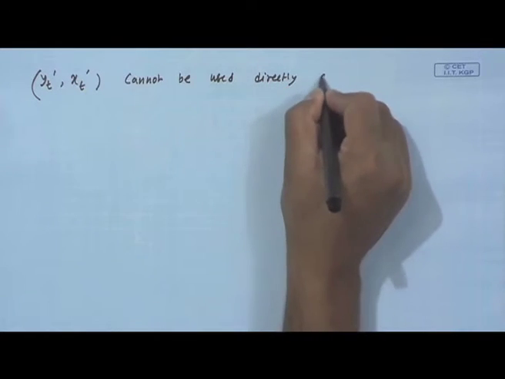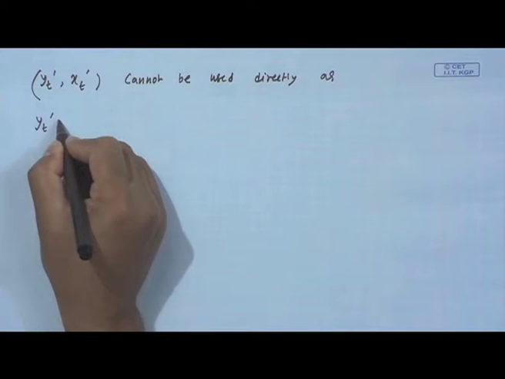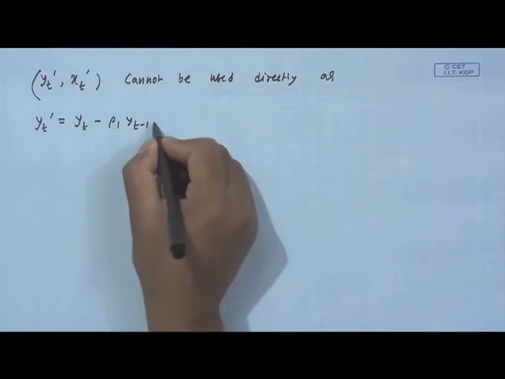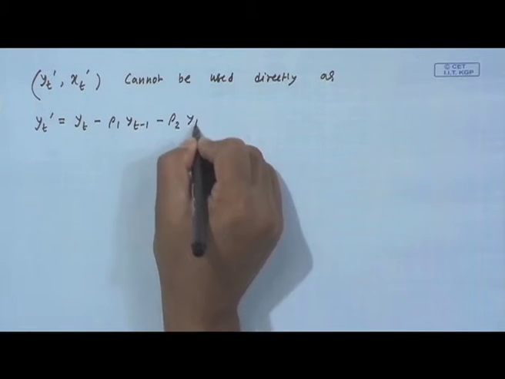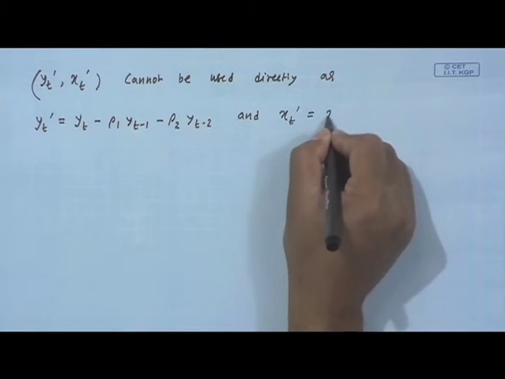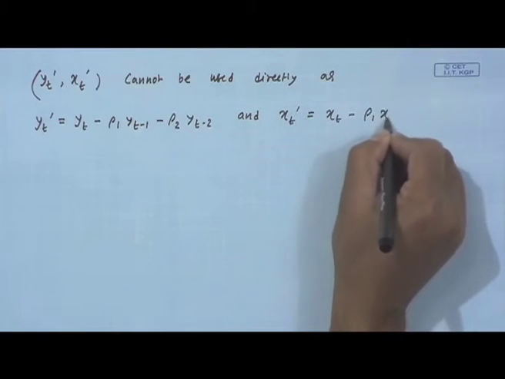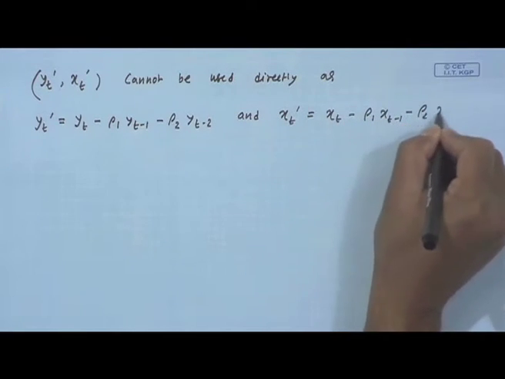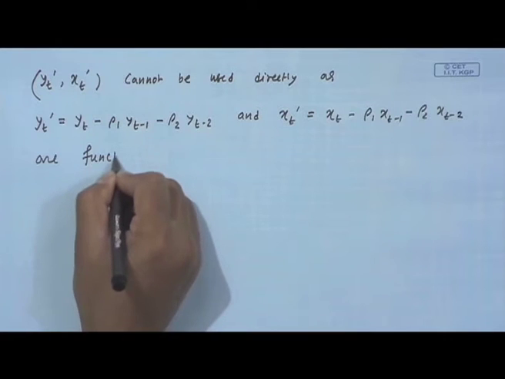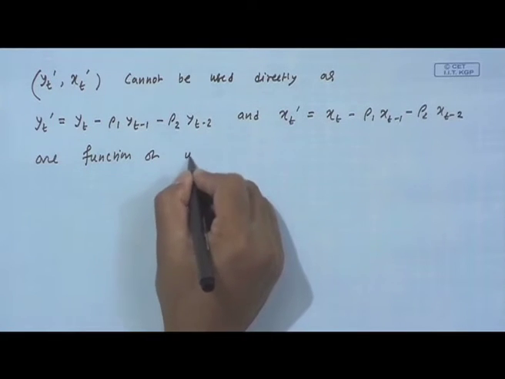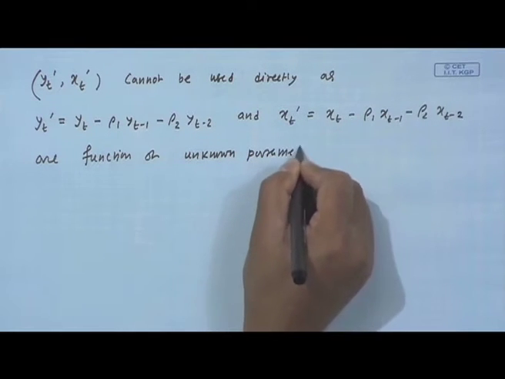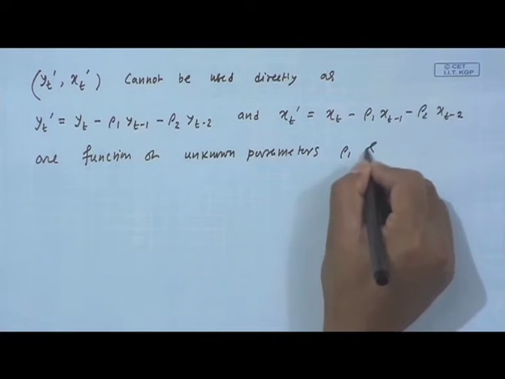directly, as y t prime, which is equal to y t minus rho 1 y t minus 1 minus rho 2 y t minus 2, and x t prime, which is equal to x t minus rho 1 x t minus 1 minus rho 2 x t minus 2, are functions of unknown parameters, rho 1 and rho 2.